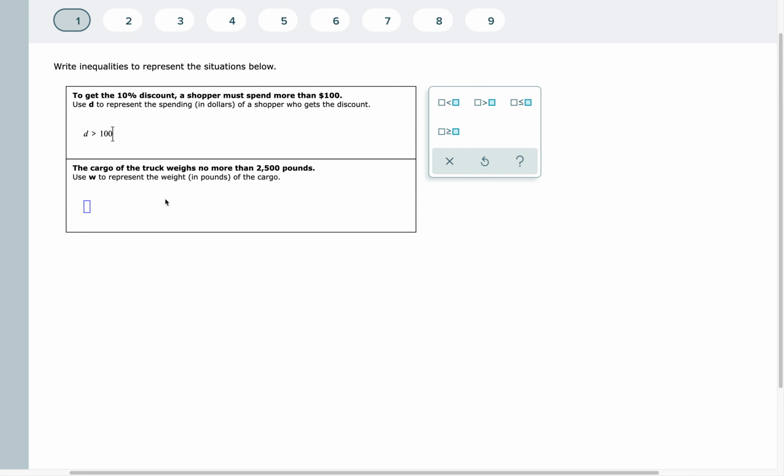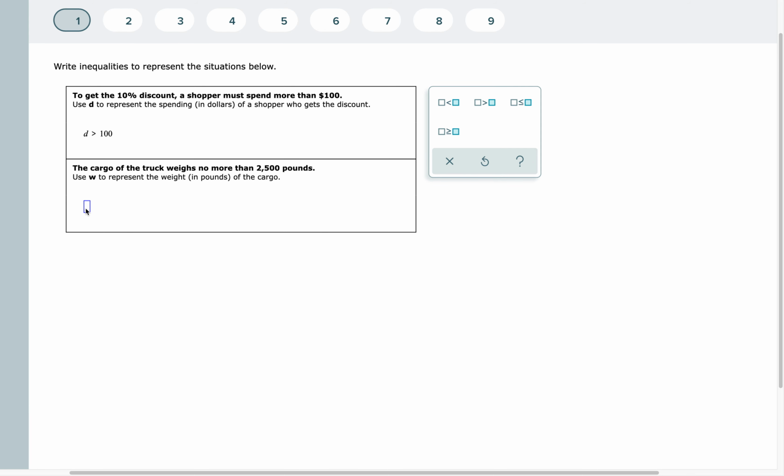100. And then for the next portion, the cargo of the truck weighs no more than 2,500 pounds. So W, if it represents the weight of the cargo, is not going to be greater than 2,500. Now, it can be up to 2,500, and it could also be less than 2,500.